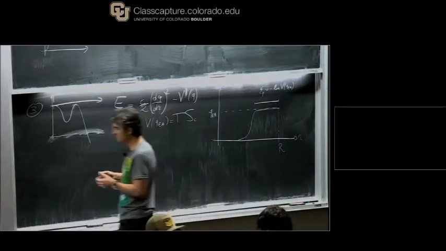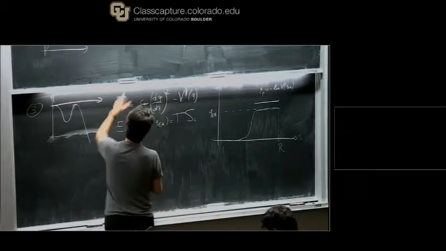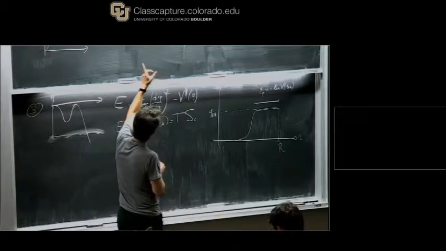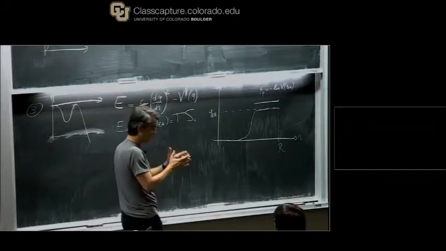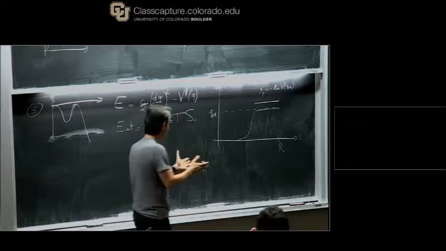The free energy of this solution has 3 parts. If I look again at the free energy, I have an integral over dx, so I have to integrate within the droplet, and I have 3 different contributions.